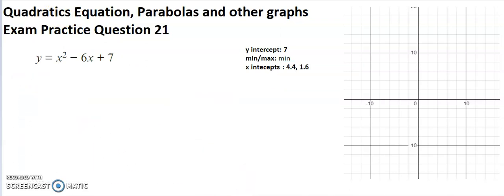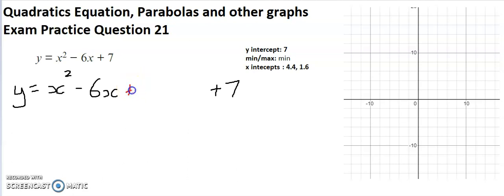The next thing I need to do is complete the square and get it into turning point form. So when I'm doing turning point form, I am going to be rewriting it, but I'm just going to leave a gap here and put plus 7 a bit further over here. Now, I'm wanting to think about, what is half of negative 6? Negative 3.